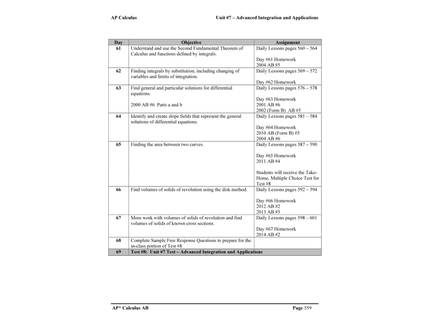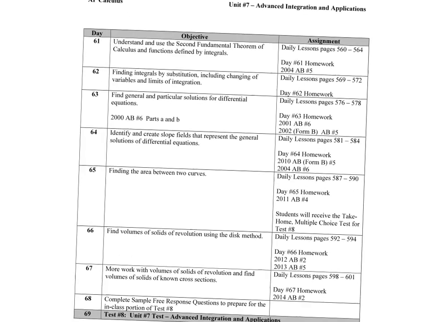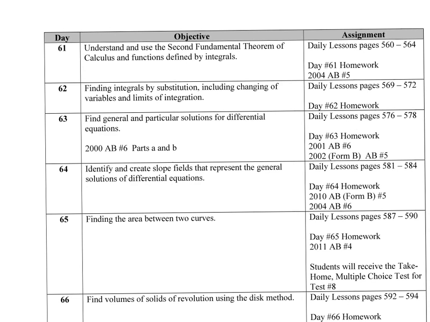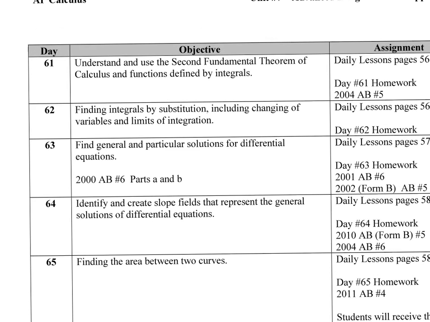So we're actually 2.5. We are going to talk about the second fundamental theorem today. It's day 61. After that, we're going to do a little more advanced integration. Very important.